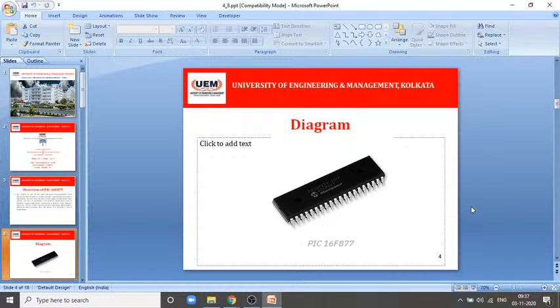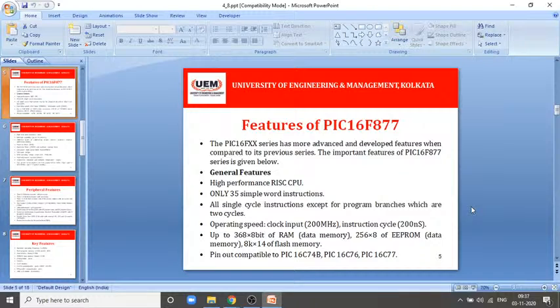This is a PIC chip. It looks like just an 8085 microprocessor or 8051 microcontroller chip, but it has some advanced capabilities. So we are now observing what are the features of the PIC microcontroller. This series has more advanced and developed features when compared to its previous series.